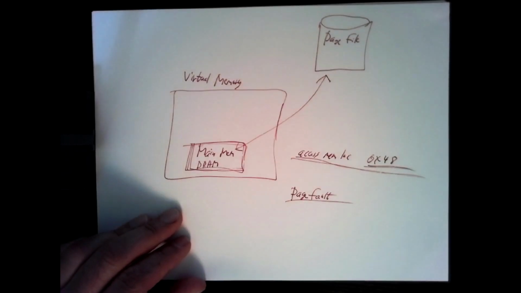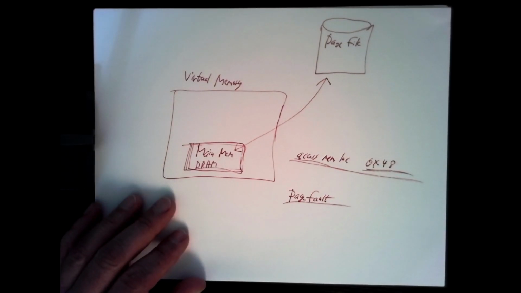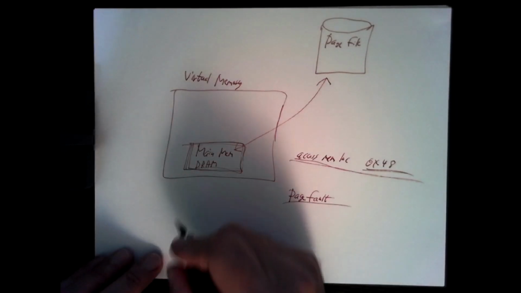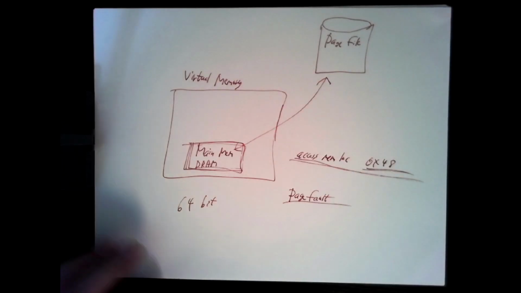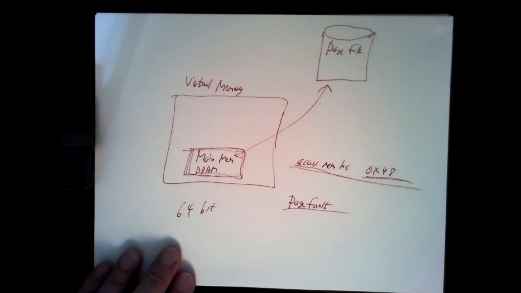So when we add virtual memory, we have the benefit of thinking that we have this much larger address space. Our machines, our CPUs are typically 64 bits. Well, how big is 64 bits? How many different locations can we access with 64 bits?